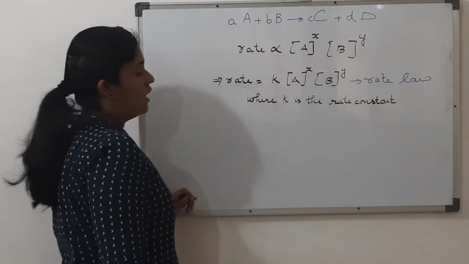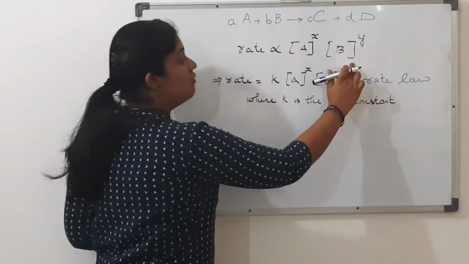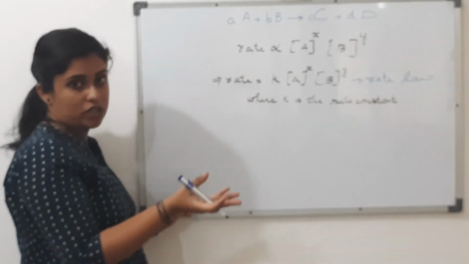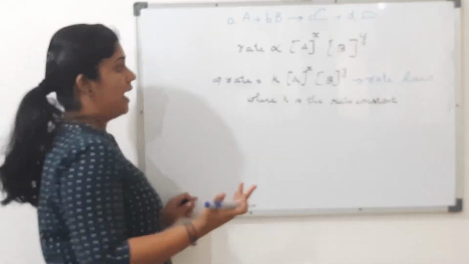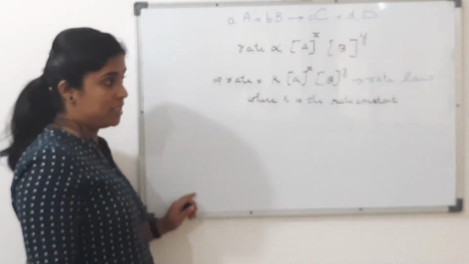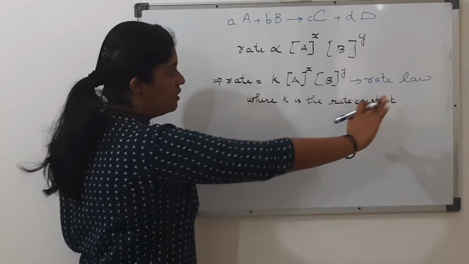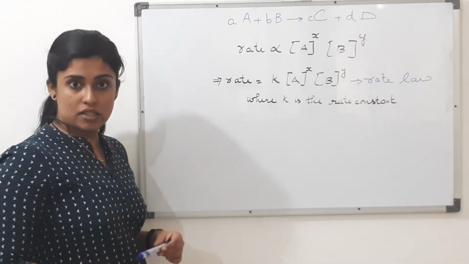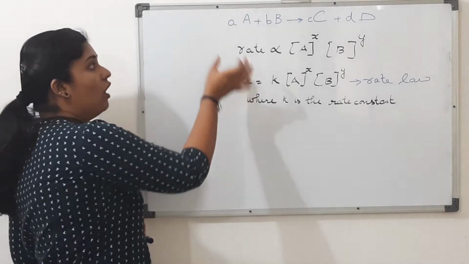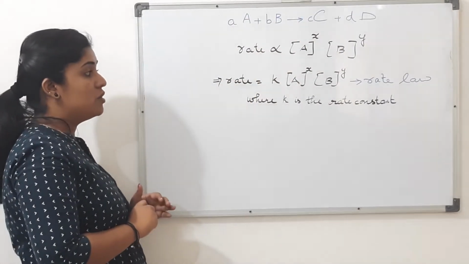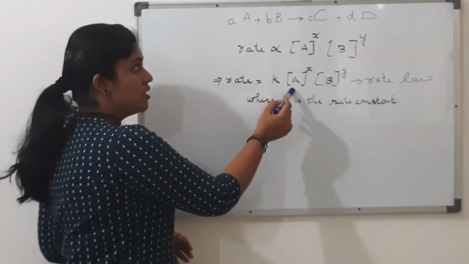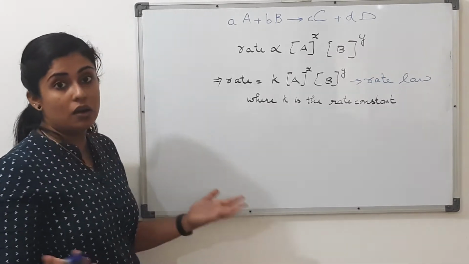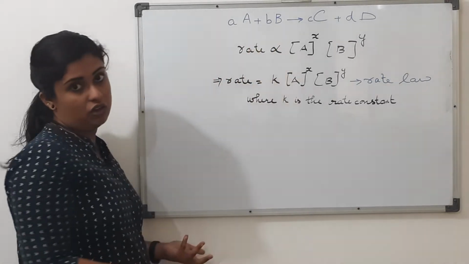Now this x and y are not theoretically obtained. You can't say what x and y are by looking at the equation. You need to do it experimentally. x and y are determined experimentally, and finally we have this rate law, and we can say that this rate law is a mathematical expression where we write the rate of a particular reaction in terms of the product of molar concentrations of the reactants raised to a coefficient which may or may not be equal to their stoichiometric coefficients.